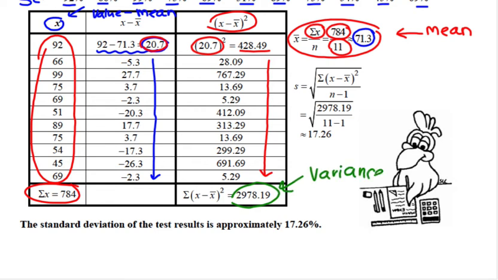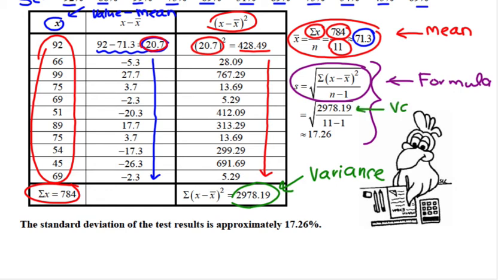All right, so we're going to use that number in just a moment. So now we're going to head back to our side, and we're going to find the standard deviation. So remember, this is our formula for standard deviation. We're going to take this variance, and we're going to divide it by n minus 1. N, remember, is the 11 test scores minus 1.